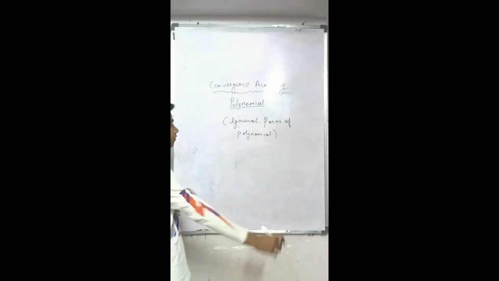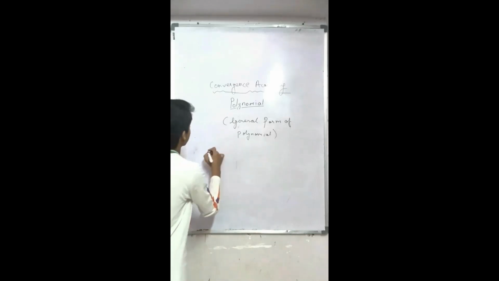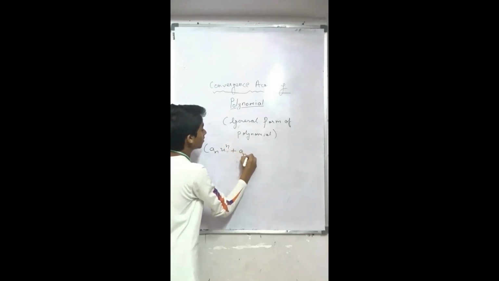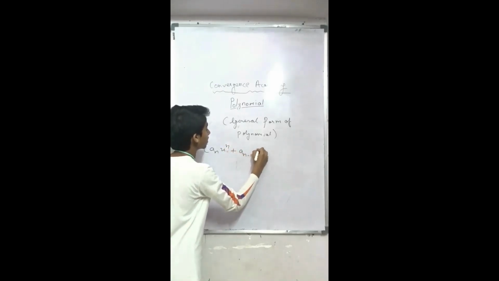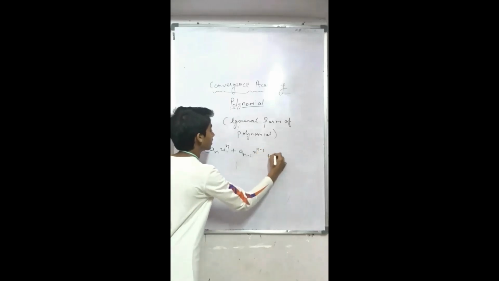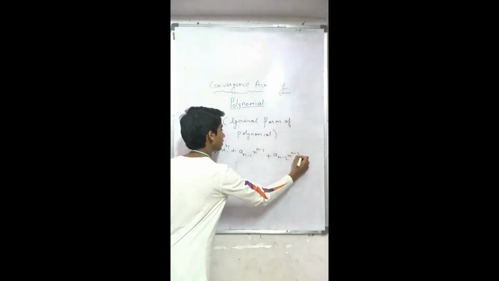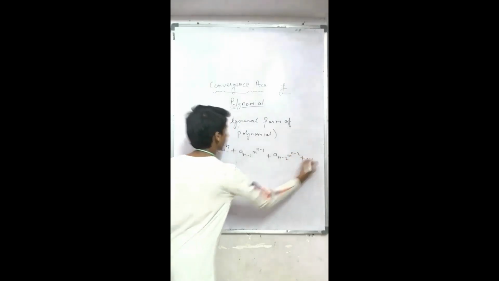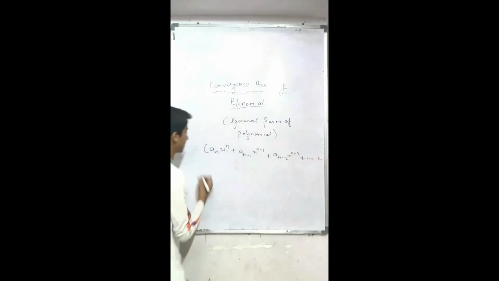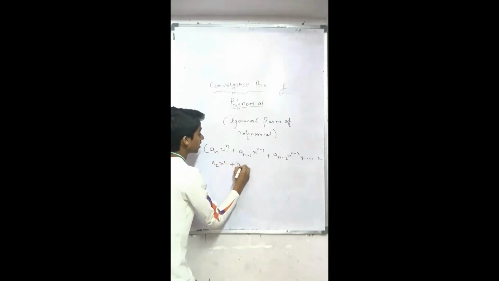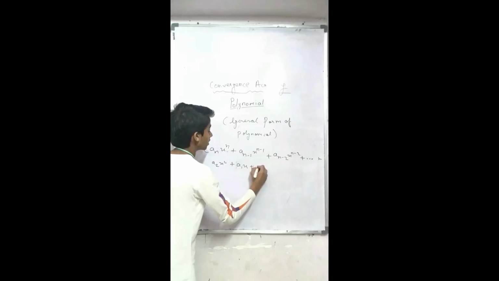So let's see what is the general form of polynomial. a n x raised to power n plus a n minus 1 x raised to power n minus 1 plus a n minus 2 x raised to power n minus 2 plus and so on plus a2 x square plus a1 x plus a0 x raised to power 0.